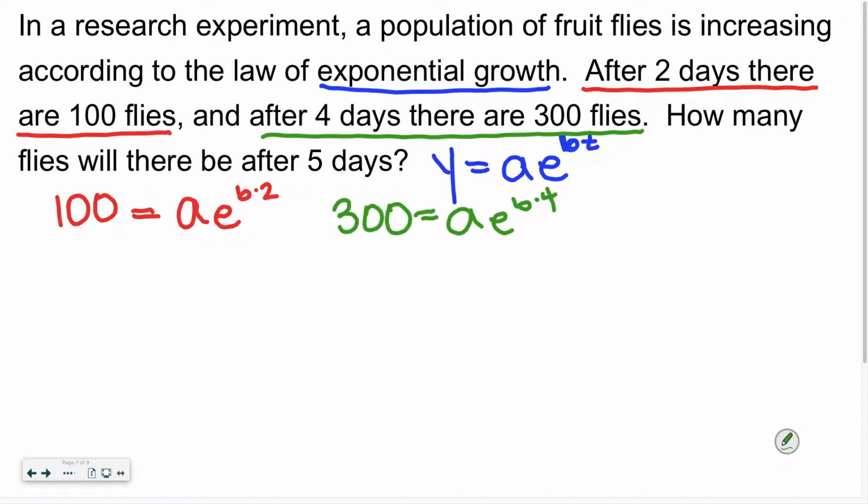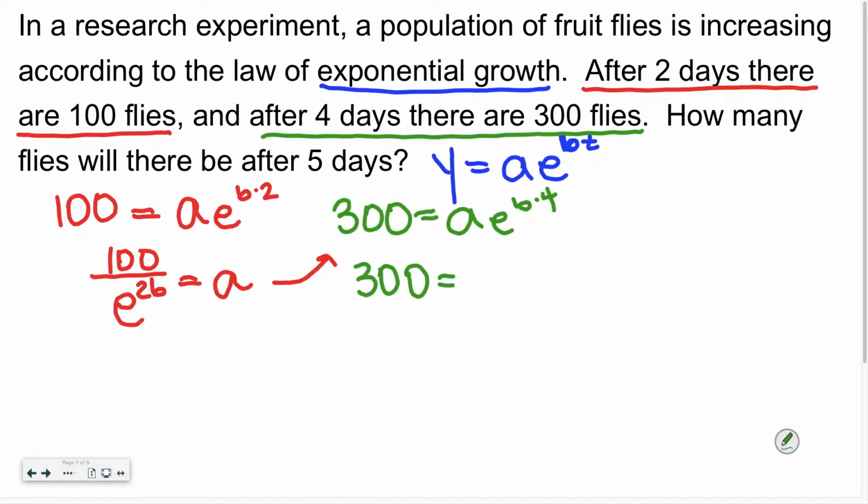I would say A. So we can come over here and we can say that A equals 100 divided by e to the 2b. All I did was divide that e to the power over. And what we can do is we can come over here to the green equation and we can say, well, A is the same thing as 100 over e to the 2b.